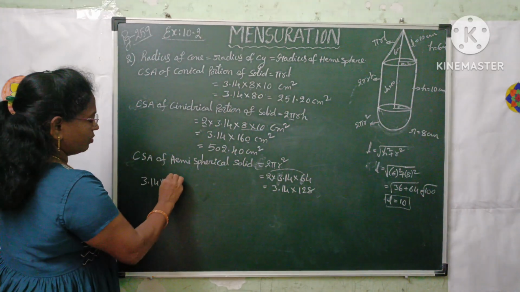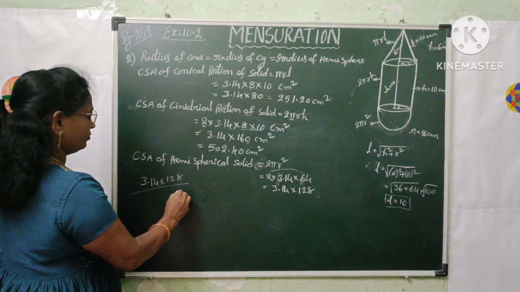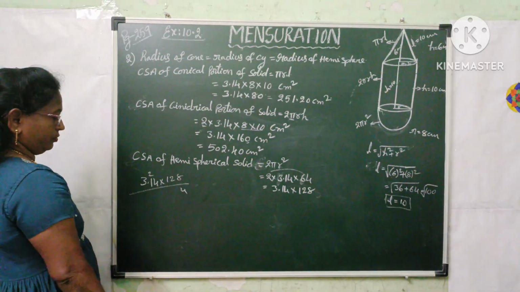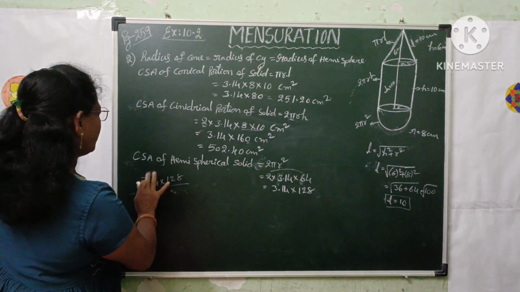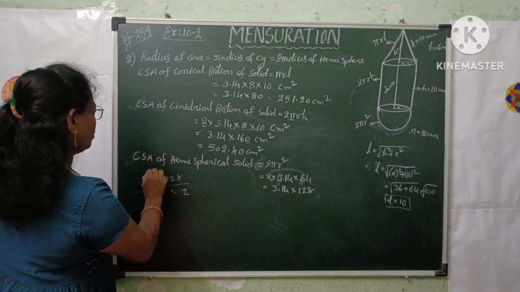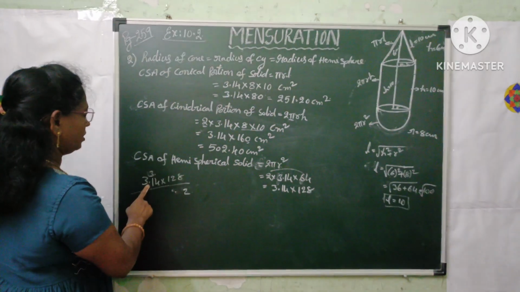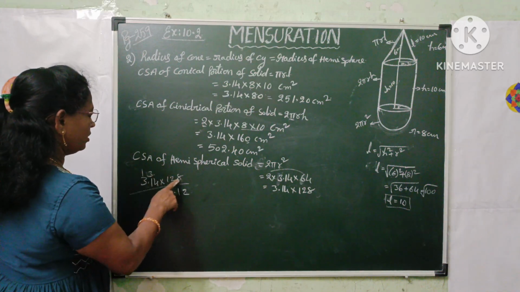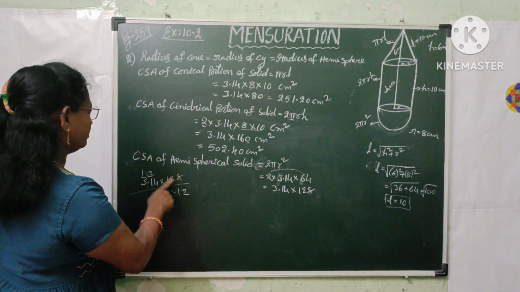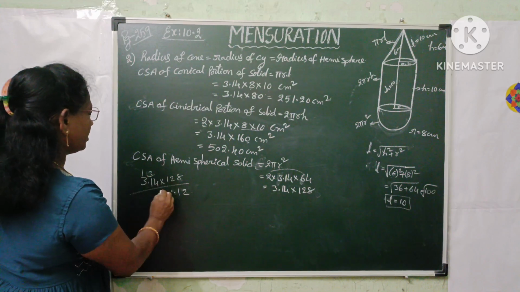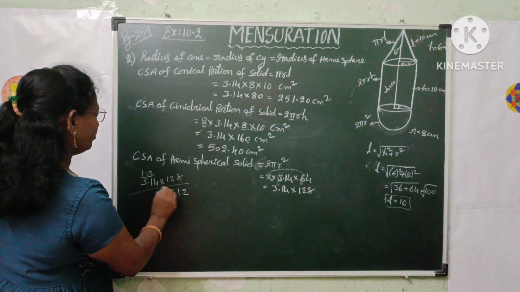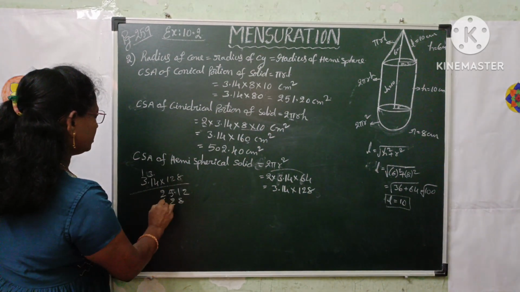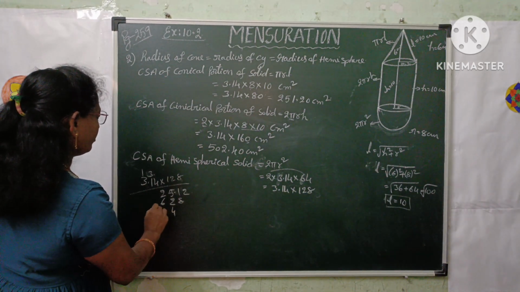Now multiply here, 314 into 128. Now multiply 4, 1, 2. 4 8s are 32, 3, 1, 3, 1, 8, 8. 8 plus 3, 11, 1 carry, 24, 24 plus 1, 25. 2 4s are 8, 2 1s are 2, 2 3s are 6, 1 4 4, 1 1 1, 1 3 3.